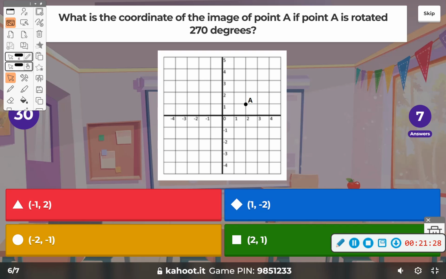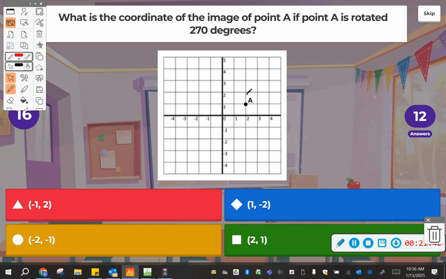And look at your answer choices. By the way, on your quiz, obviously, you'll have patty paper. You'll be able to do this a lot easier than on the screen. If I rotate 3 times, my answer has to be what?